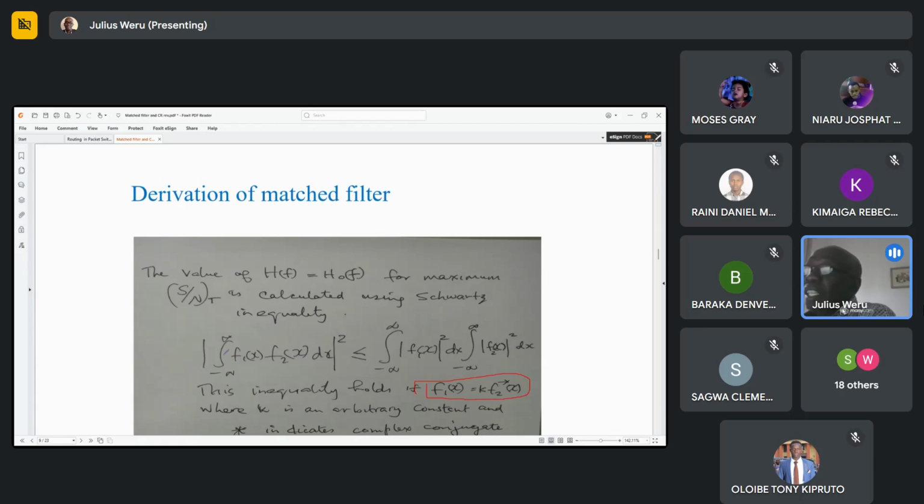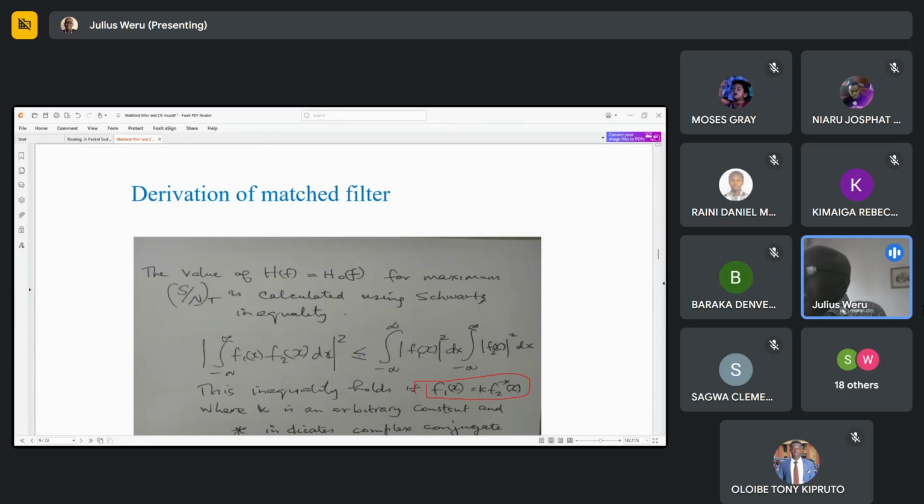So we are saying, take f1 of x multiplied by f2 of x, the integral of this multiplied by this. You multiply the two functions and then integrate with respect to x, and then get the modulus and square.